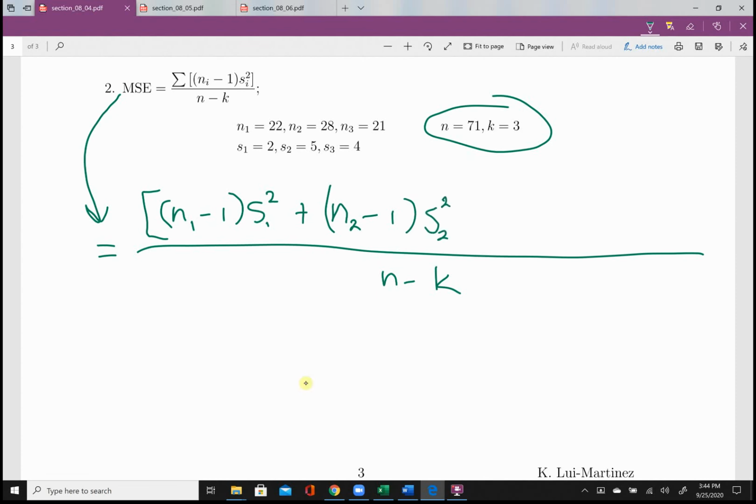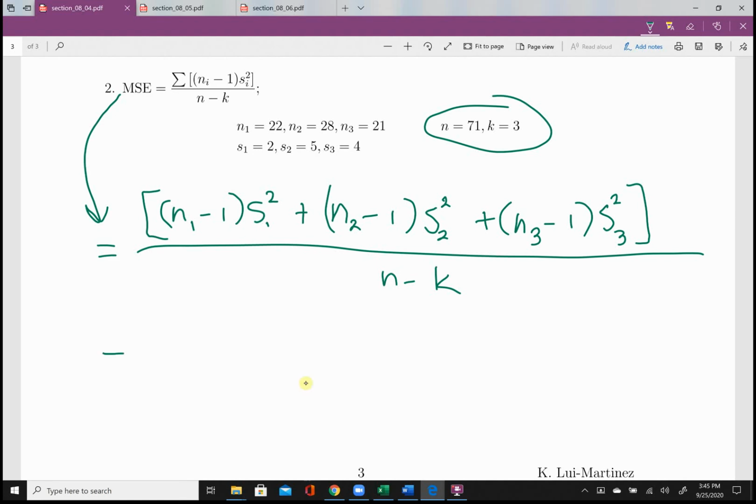This squaring is fixed, so all of these s sub 1s, s sub 2s, and s sub 3 need to be squared. Then we add (n sub 3 minus 1) times s sub 3 squared, and close the bracket.